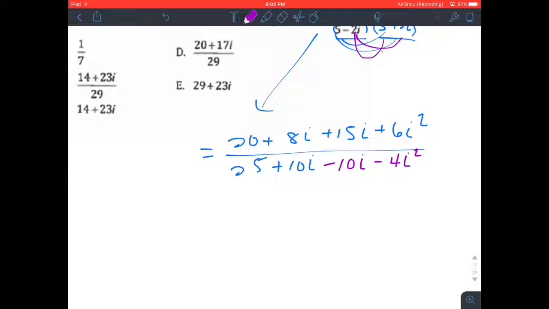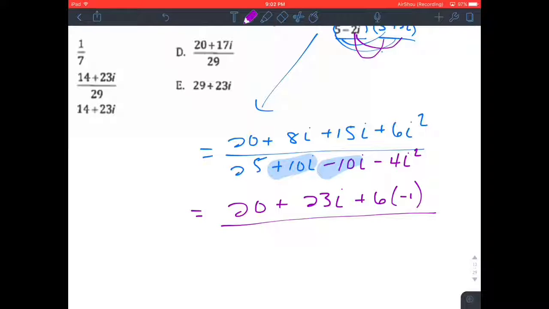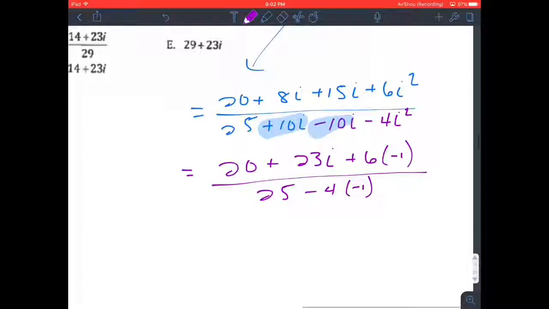When you multiply two conjugates, the middle two terms will always be the same with opposite signs, so they're always going to cancel. In our numerator, we got 20 plus 23i after combining like terms, plus 6 times negative 1, since i squared is negative 1. Our denominator, we got 25 minus 4 times negative 1, because i squared is negative 1.